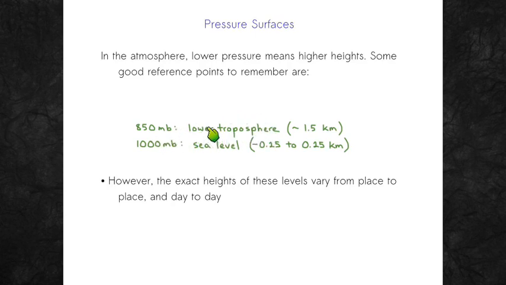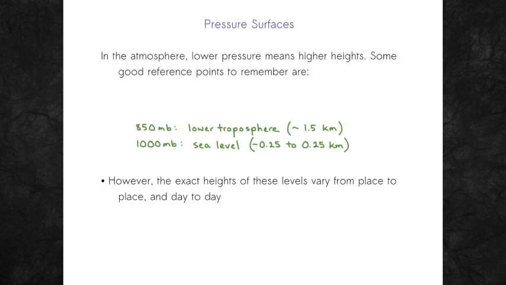So when we say 850 millibars, we're going to be talking low troposphere. And specifically, remembering that the troposphere has a thickness of something like 12 kilometers or so, this is going to be down around 1.5 kilometers above sea level. So this is the lower troposphere, about 1.5 kilometers above sea level.